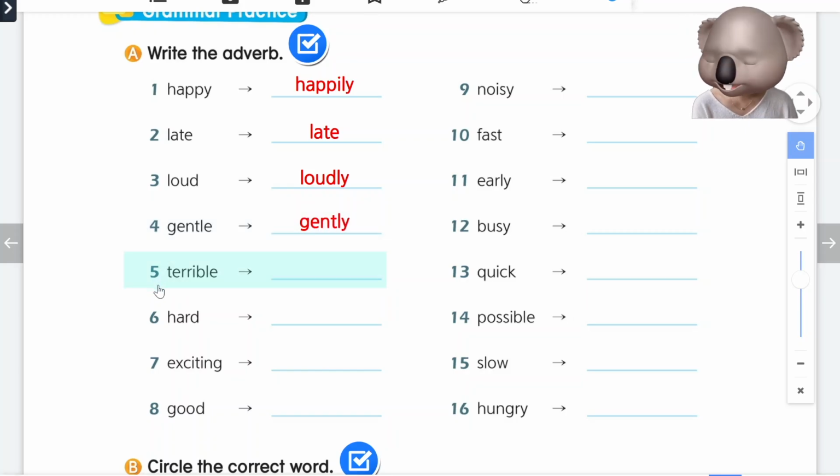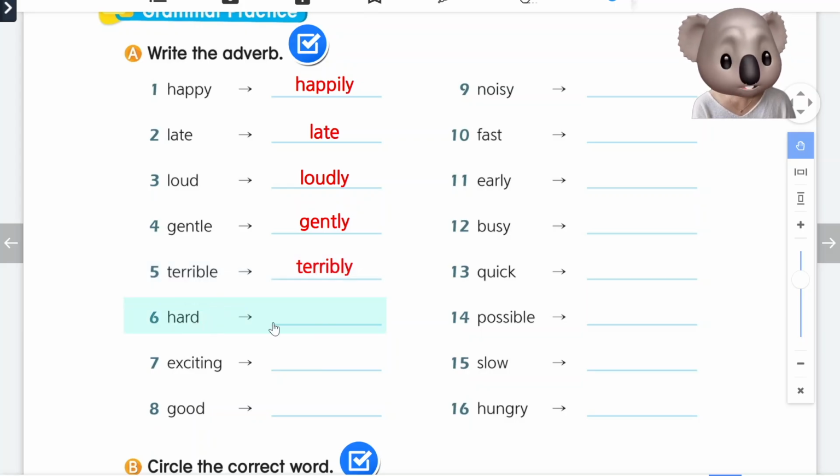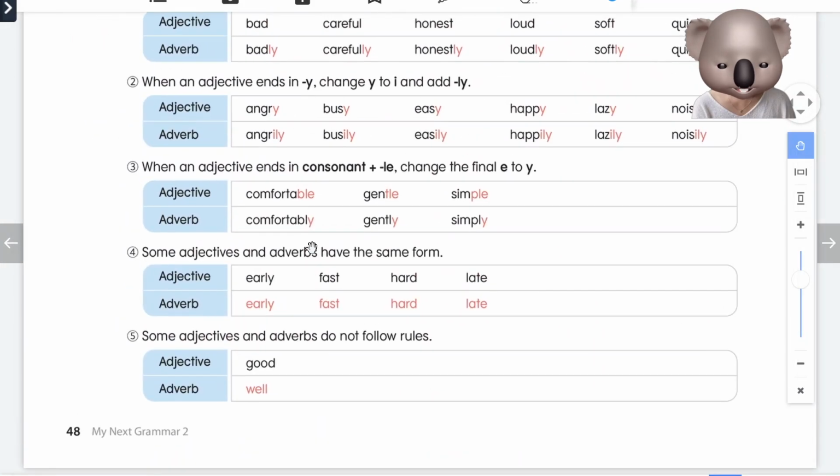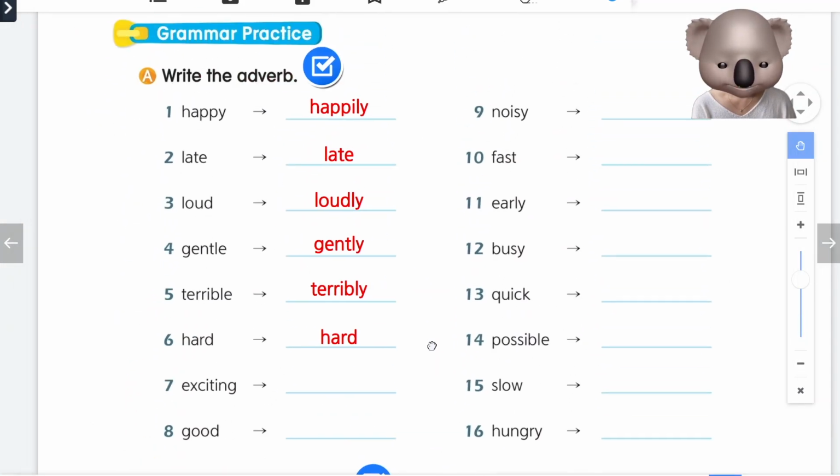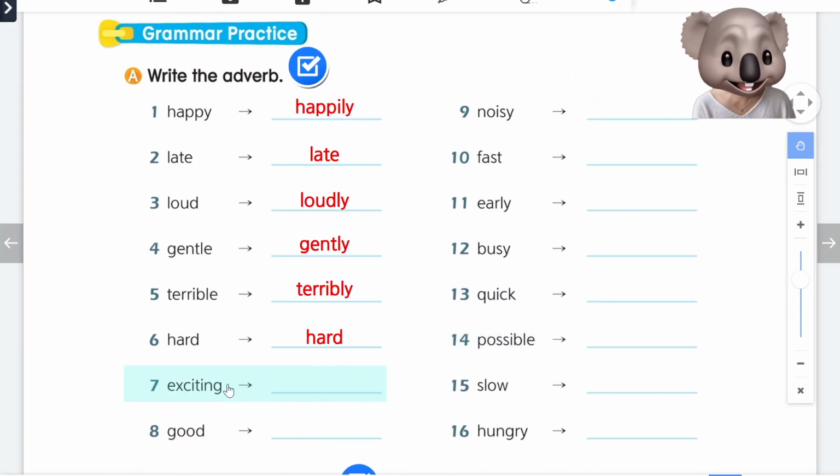Number 5, terrible. 여기도 이가 있네. What do we need to do? Say bye-bye to E and add ly. Number 6, hard. hard도 배웠잖아. It stays the same. Hard is hard. Number 7, exciting. exciting에서는 ly 붙여서 excitingly.